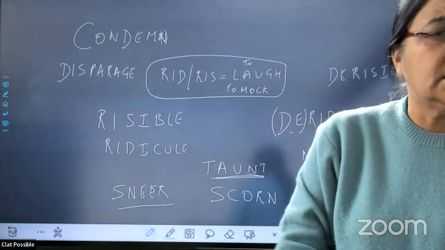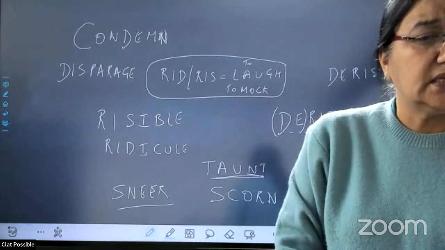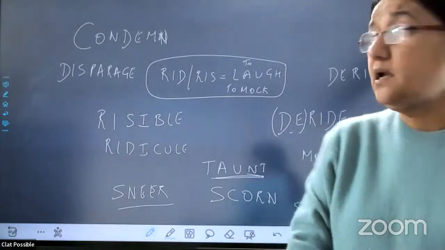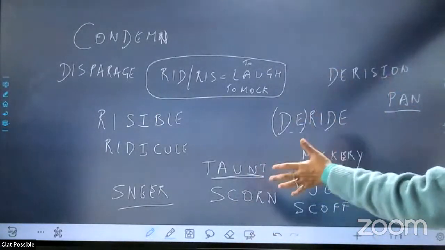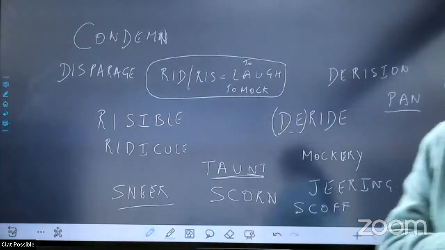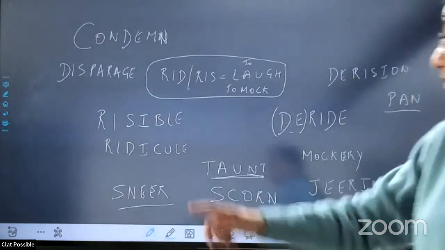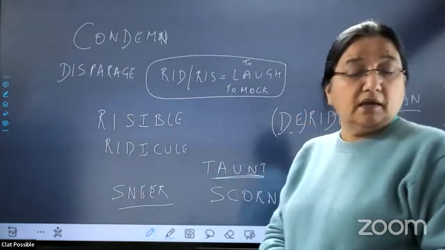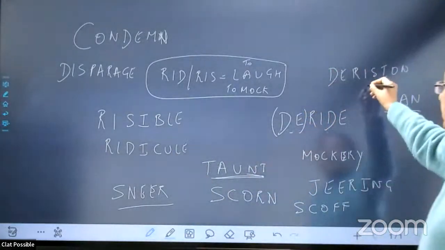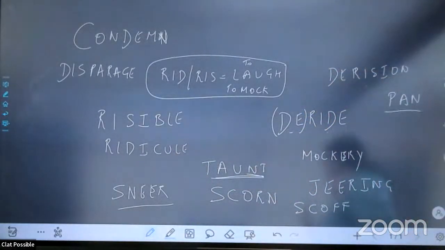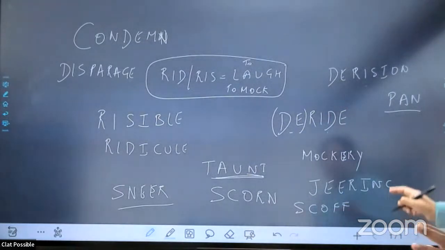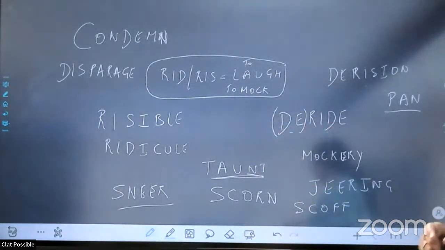It means laughing as if to belittle somebody. Okay. These derisive words we are doing: ridicule, risible, making fun, deride, derision. Four came straight from rid. Then jeering, scorning and sneering.